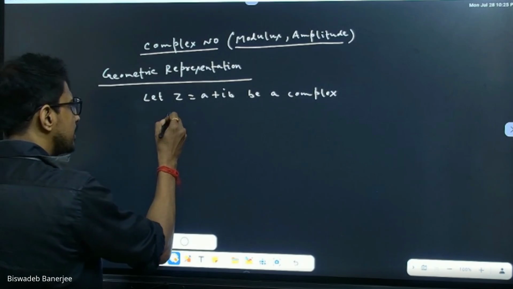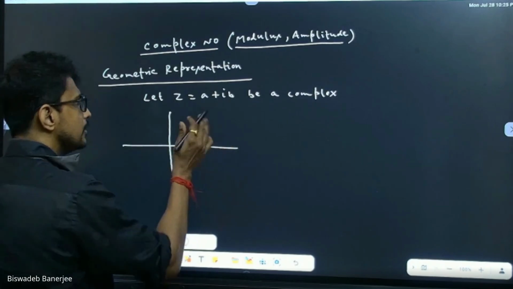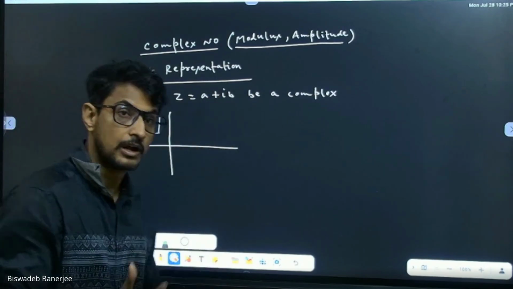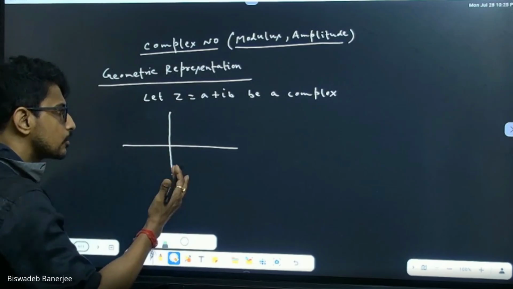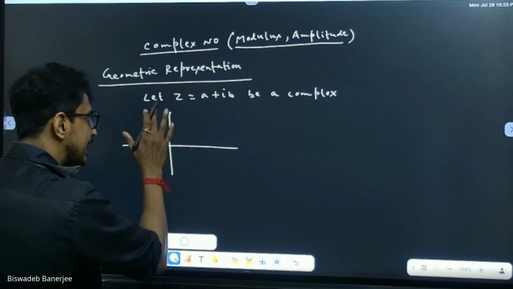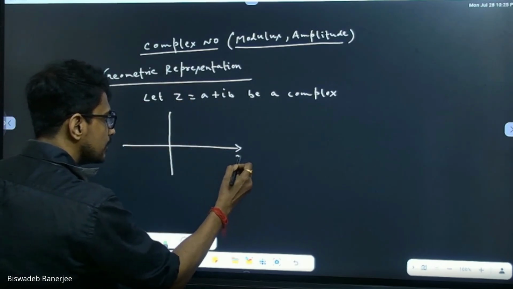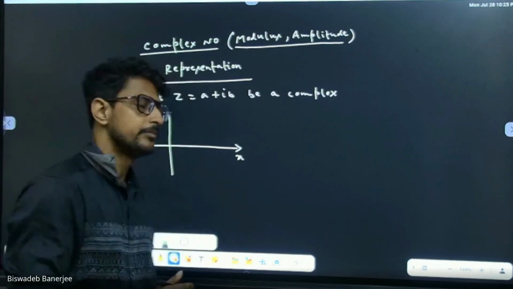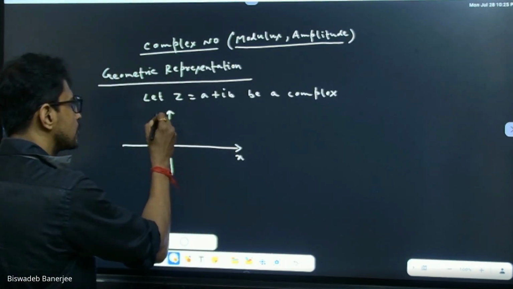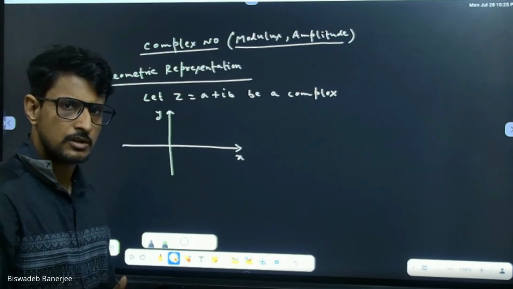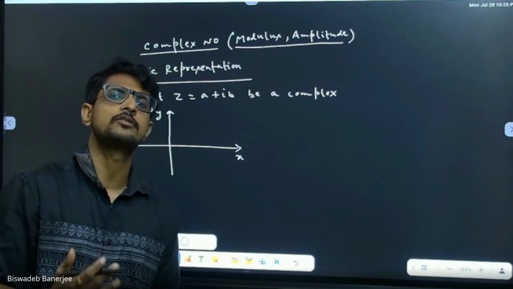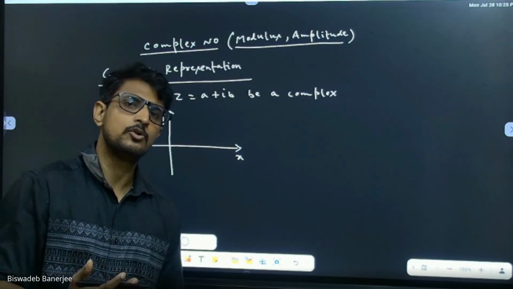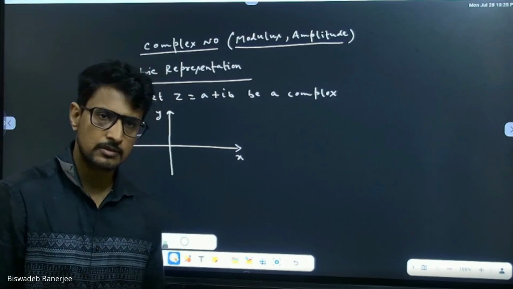So, how can we represent this entire thing graphically? See that in my x and y axis, this x-axis is called the real axis, and this y-axis is called the imaginary axis.